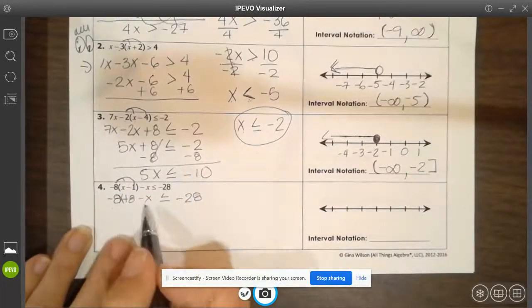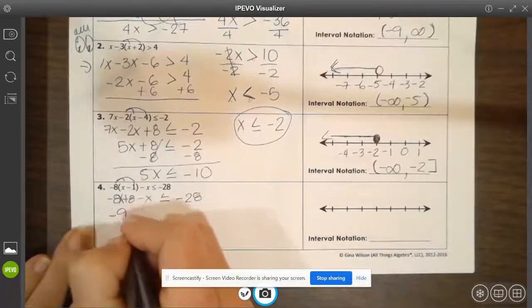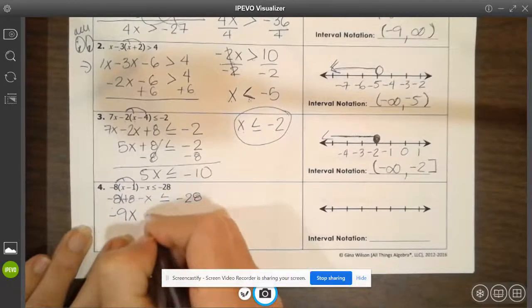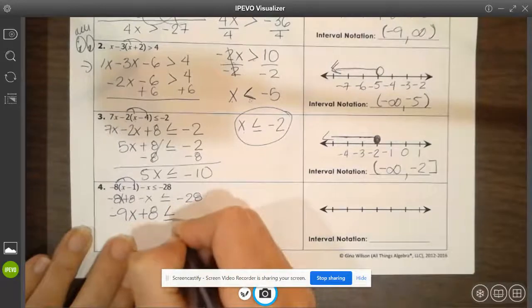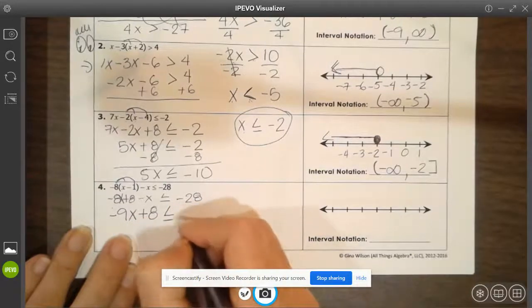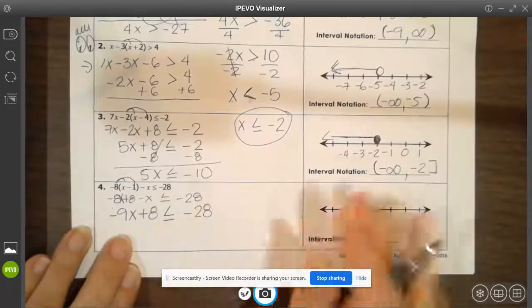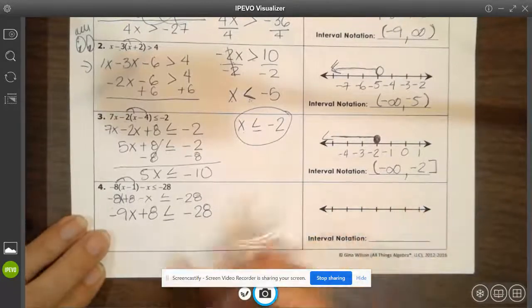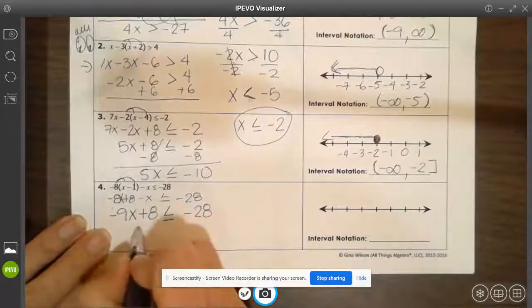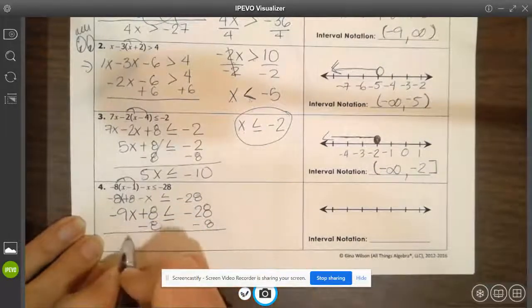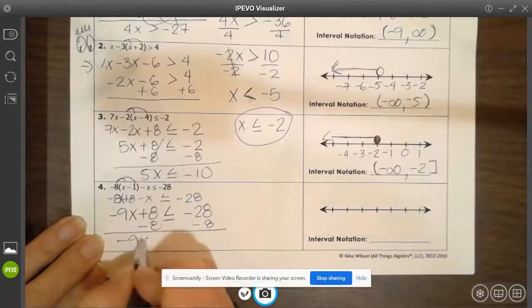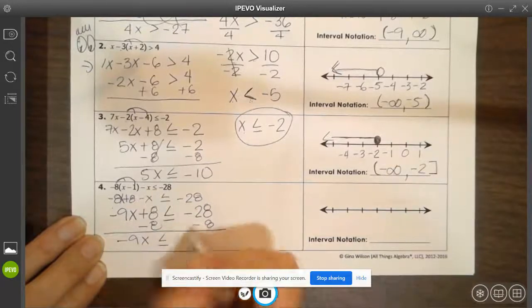So that's negative 8 minus 1, that's negative 9x plus 8, less than or equal to negative 28. And then I'm going to subtract 8 on both sides. That's negative 9x less than or equal to negative 36.